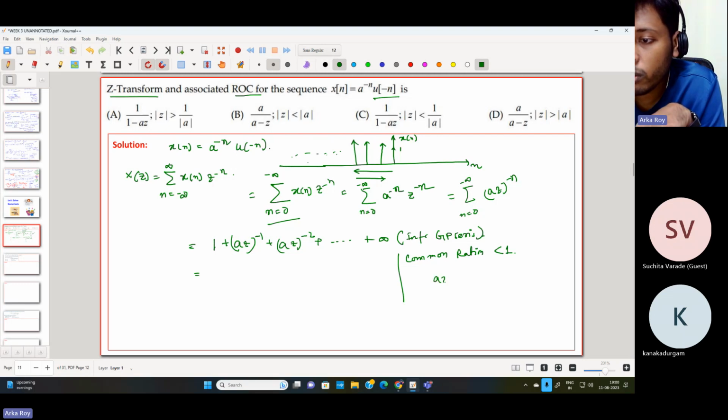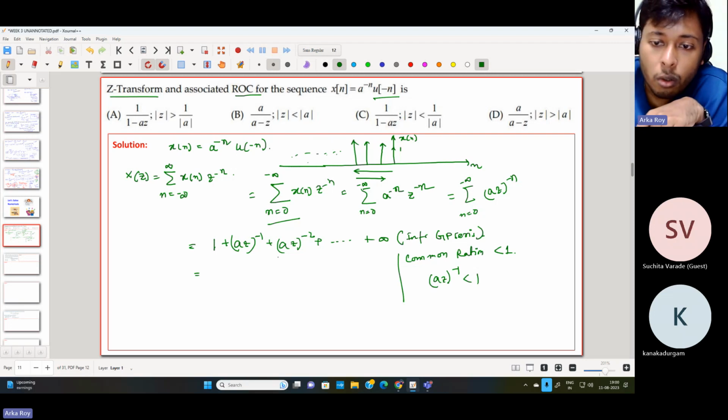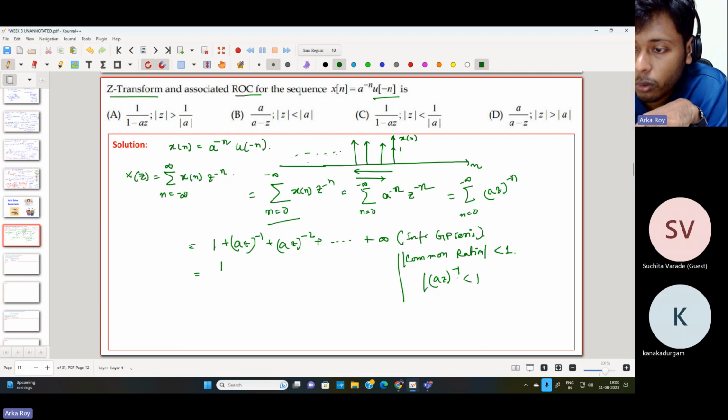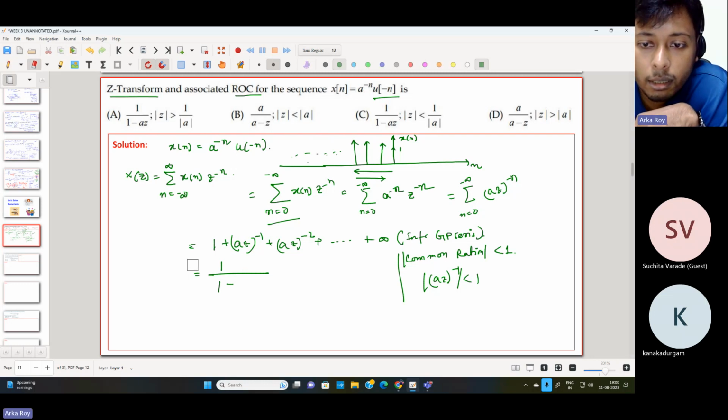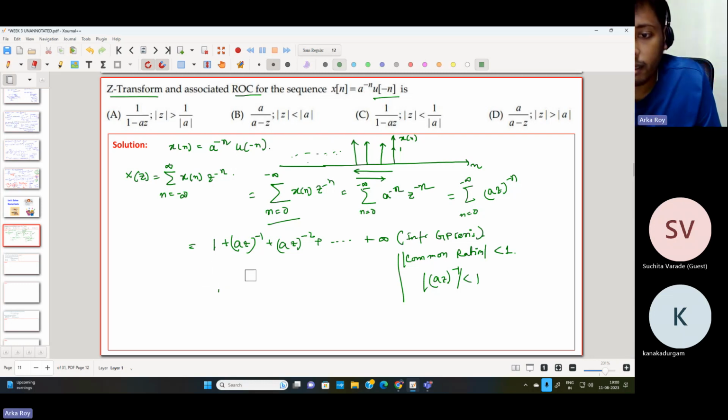Therefore, the common ratio is az to the power minus 1, so the mod of the common ratio should be less than 1. Then I can write 1 divided by 1 minus the common ratio, and still I can comment on it like this.